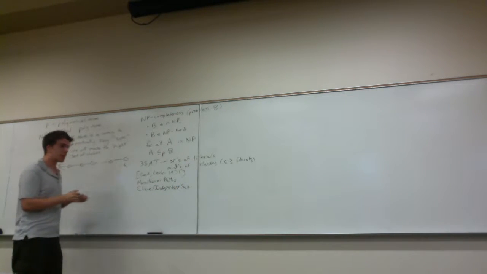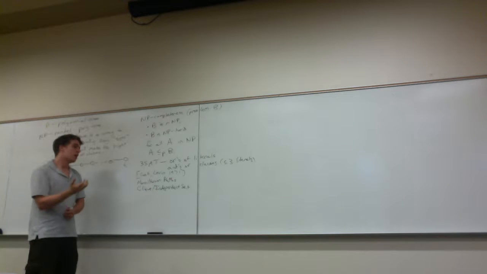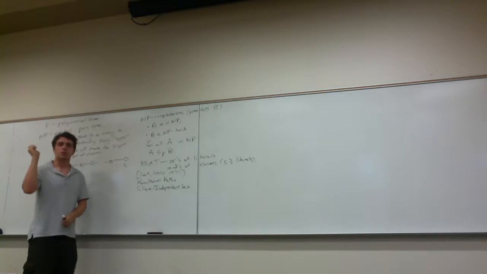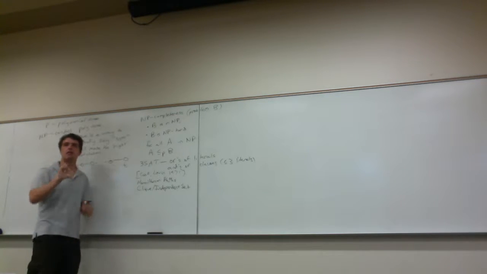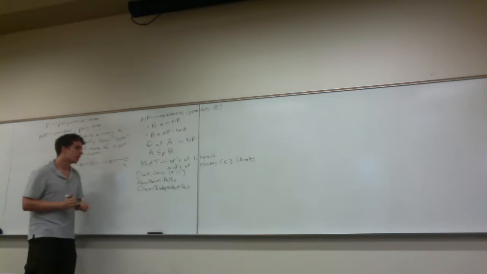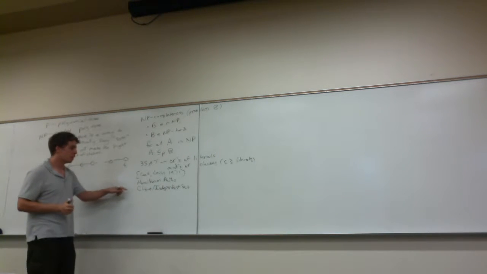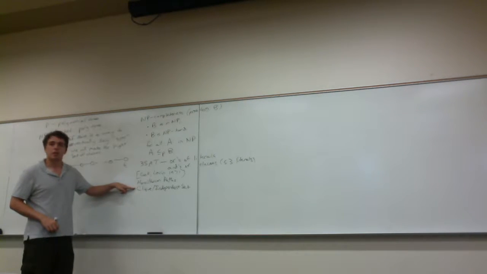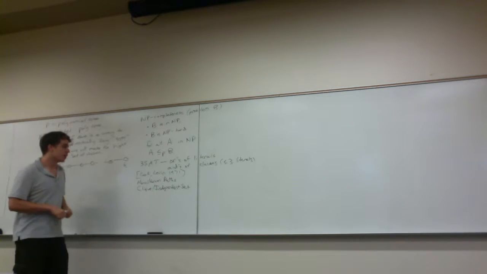So Hamiltonian path is I'm given a graph and 2 vertices S and T, and I want to figure out if there's a path from S to T that visits every vertex exactly once, and no more than once, and not 0 times either. And that happens to be NP complete by either a reduction from clique or independent set or from 3 sat. We did it from 3 sat. And we also showed that clique and independent set are also NP complete.